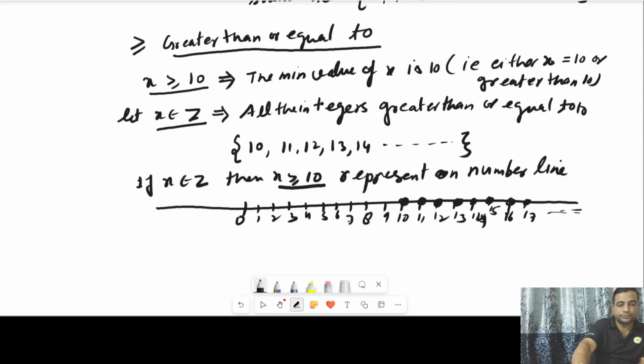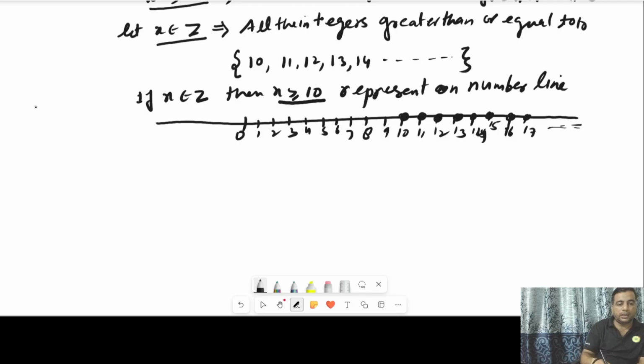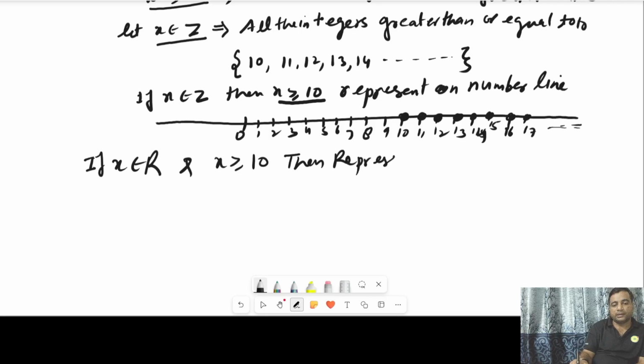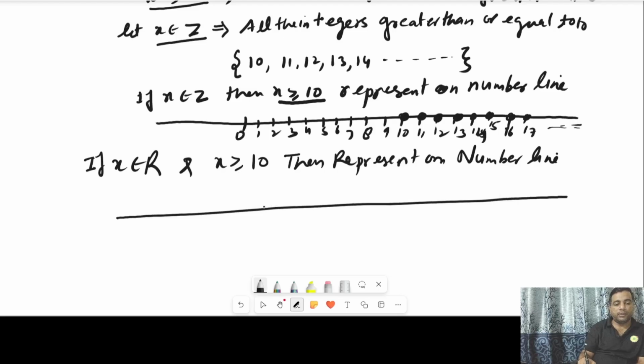Now, if x belongs to real numbers and x is greater than or equal to 10, then represent it on the number line. First we should draw a real line, a number line. Let this be 0, 1, and so on. Let this be 10, and all the real numbers greater than or equal to 10 are included, all the numbers which lie on the number line.